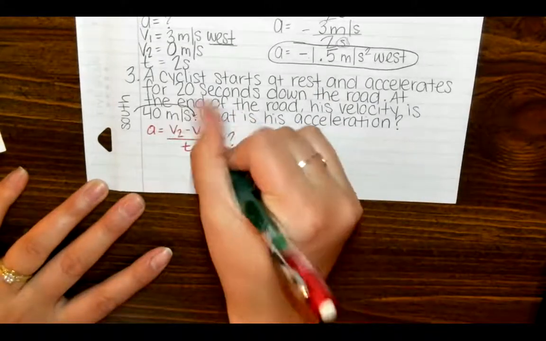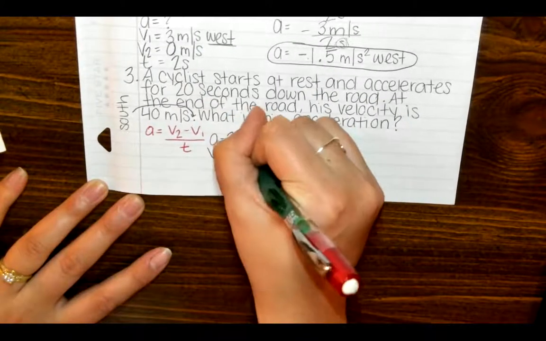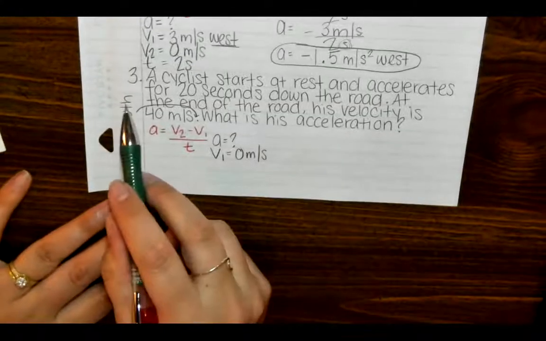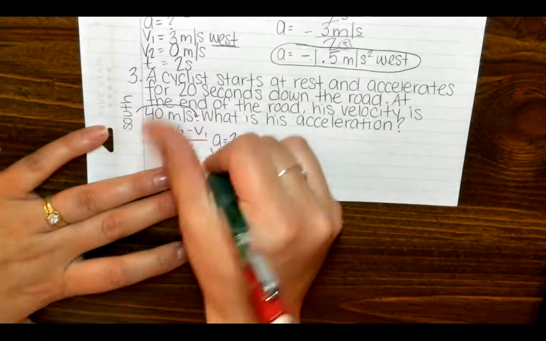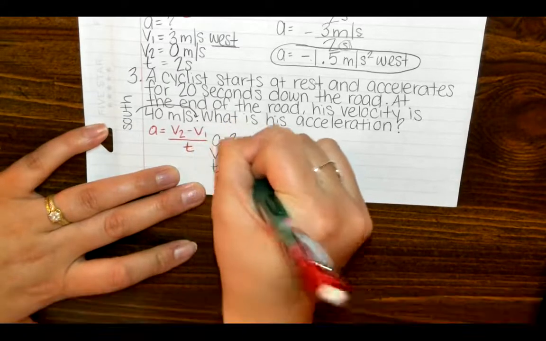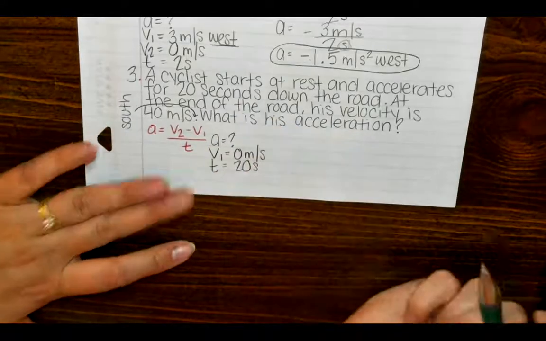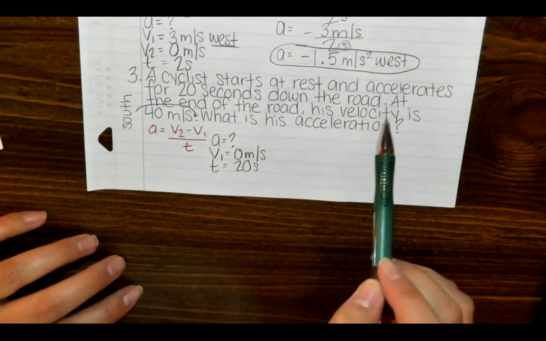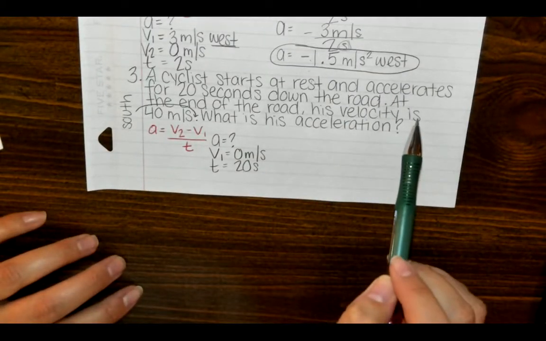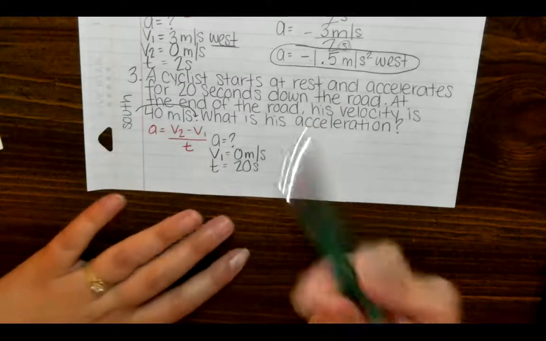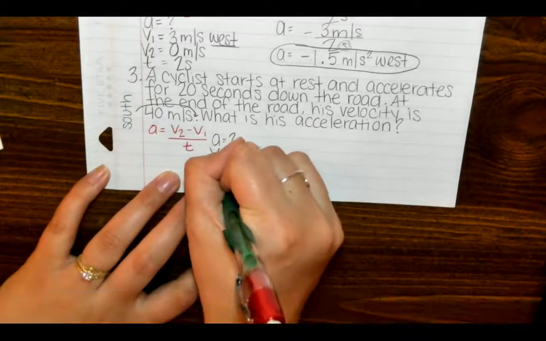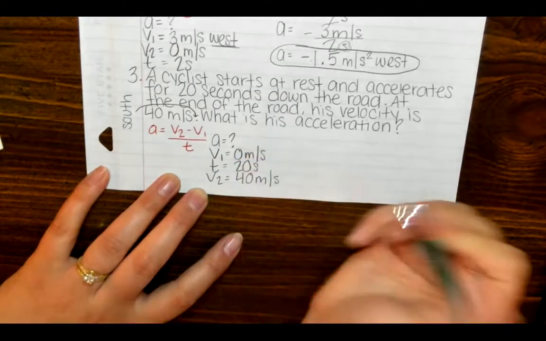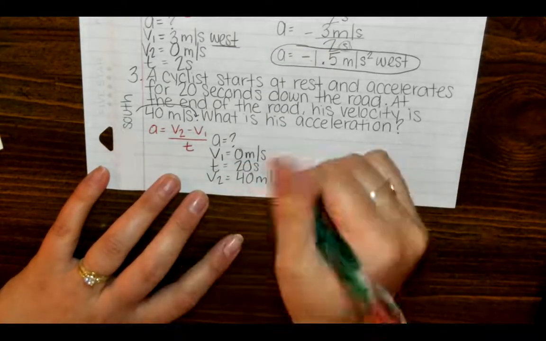V1 equals 0 meters per second. And he accelerates for 20 seconds, so that's our time. And at the end of the road, his final velocity is 40 meters per second. So our V2 is 40 meters per second, and it also tells us our direction, which is south.